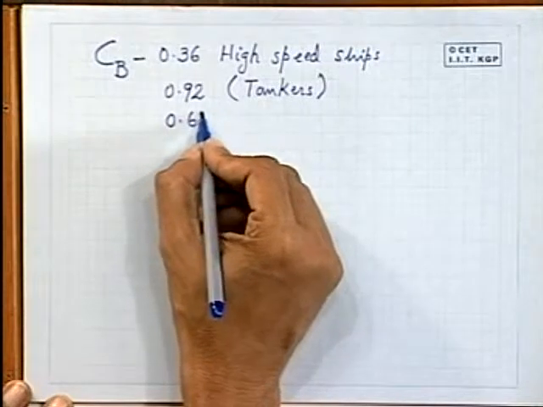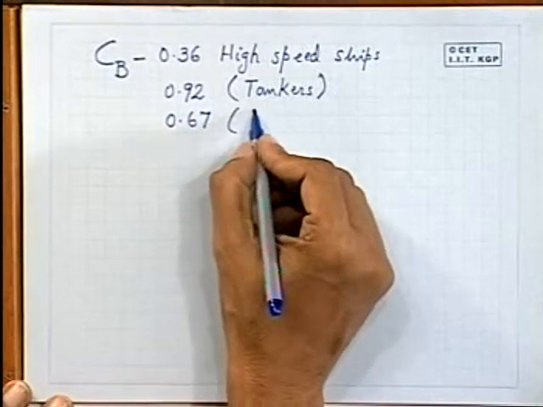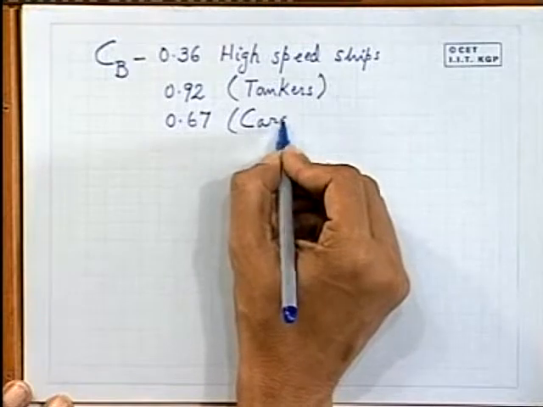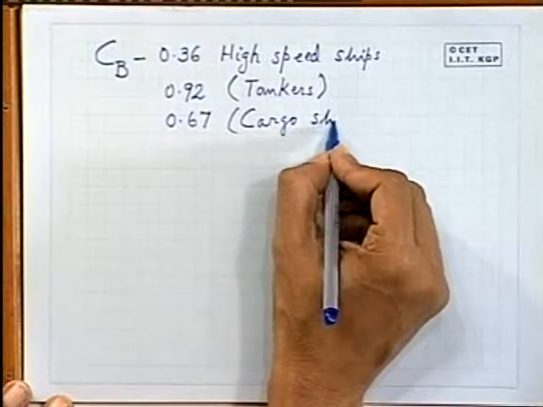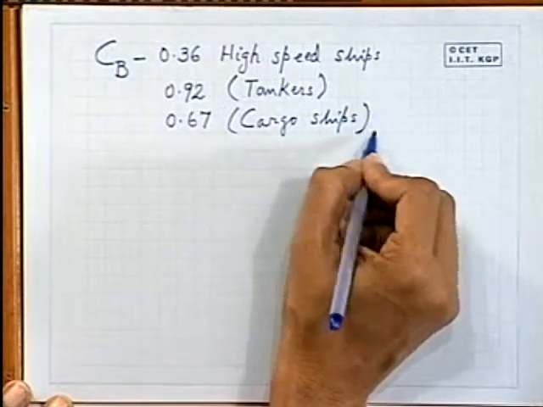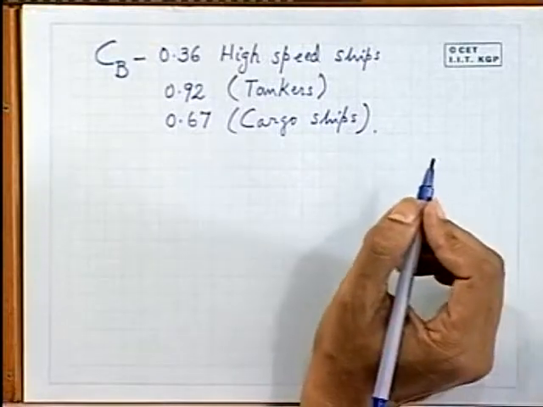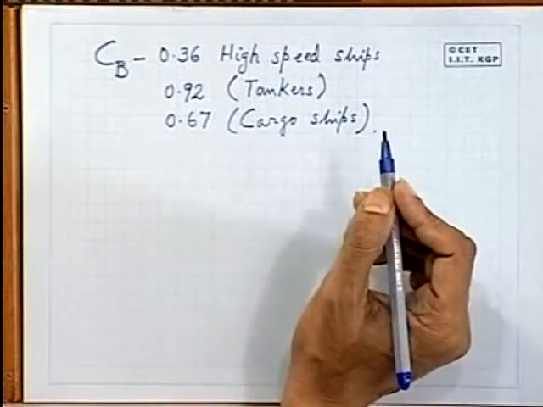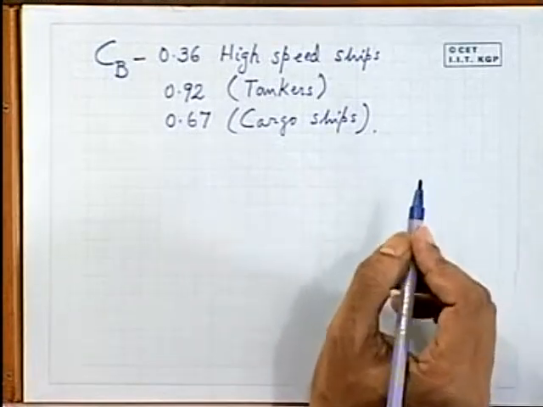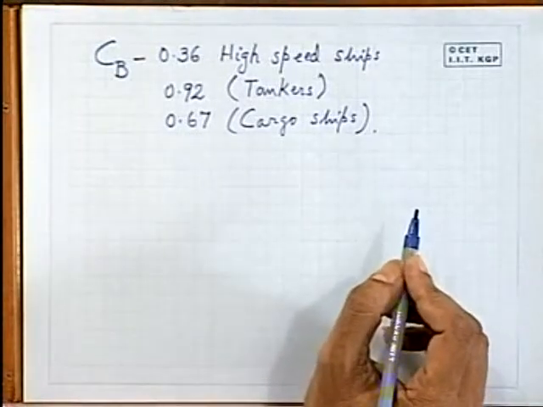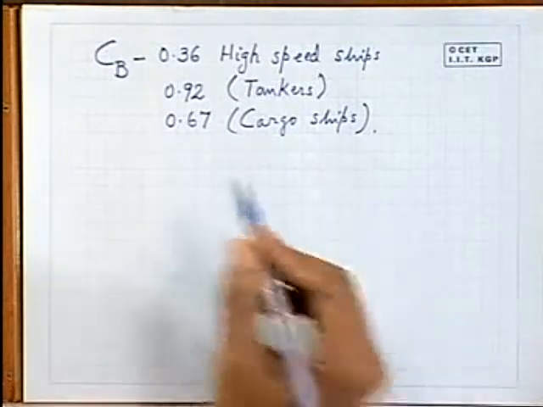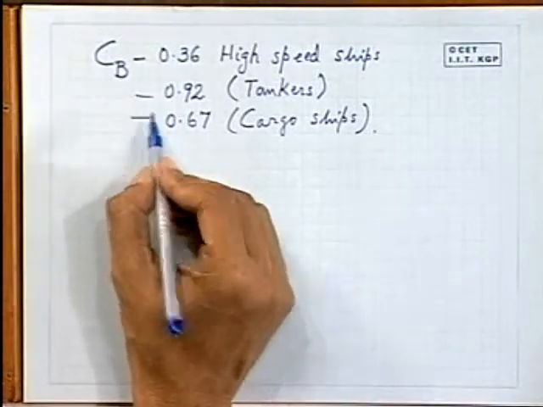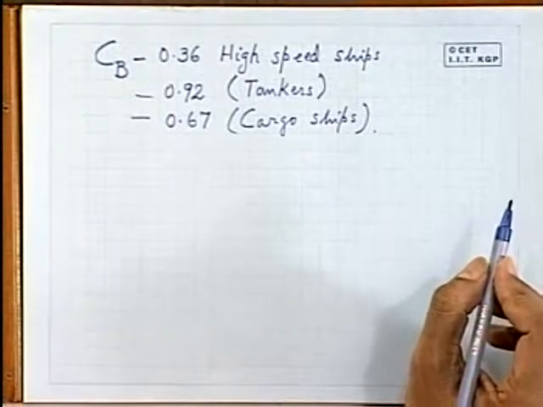Normally 0.67 is for cargo ships. Container ships will be less, around 0.6, because they move faster. Nowadays container ship speed can be as high as 30 knots. So this is the range of CB.